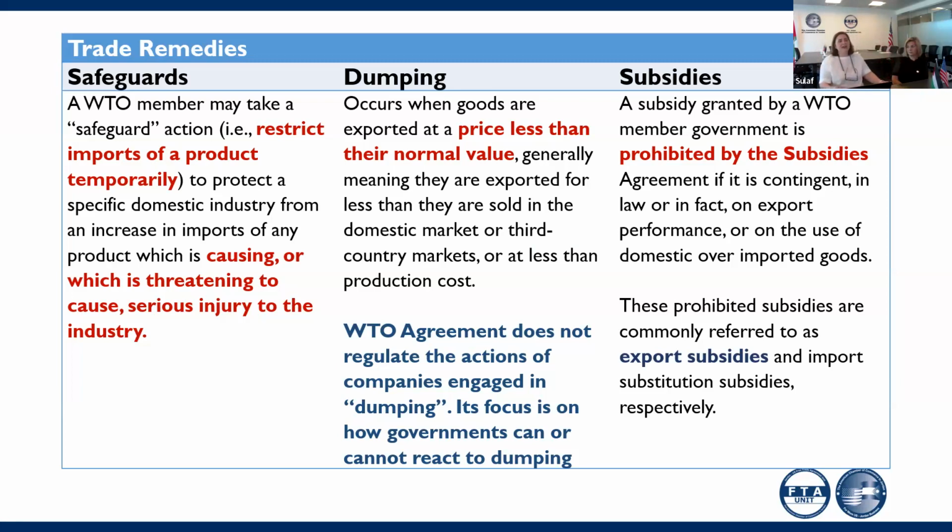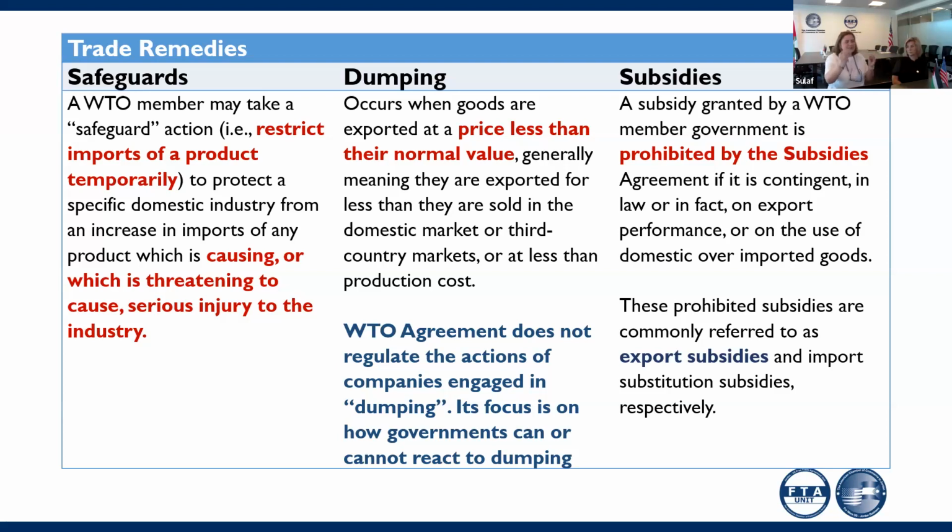If a company engages in dumping, you should simply understand it as: if I'm producing a product and I'm selling it in my own country for 10 dinars, how come when I sell it in Oman, I'm selling it for 5? So I'm selling it below the cost of production.